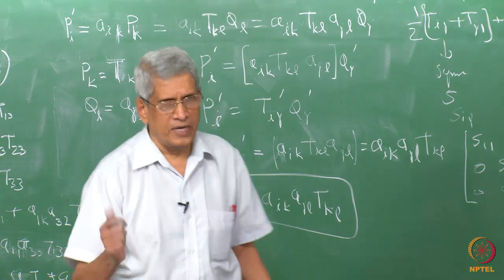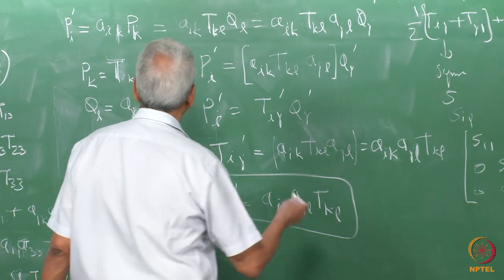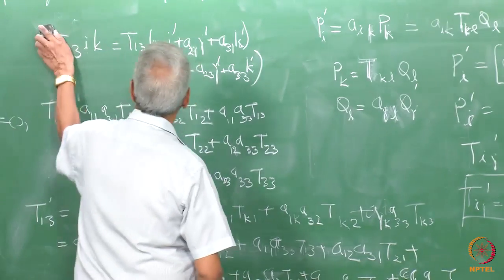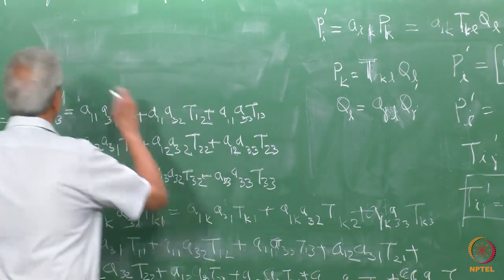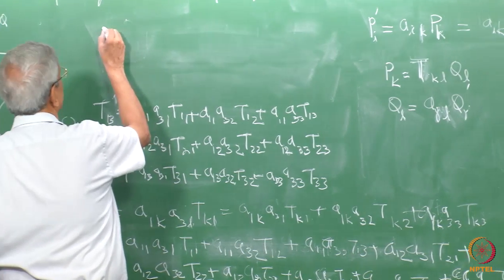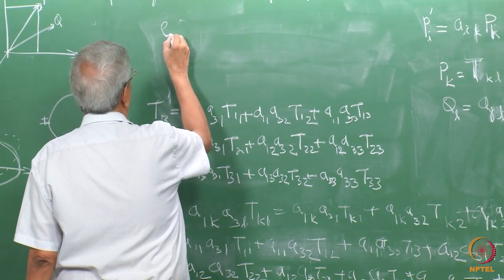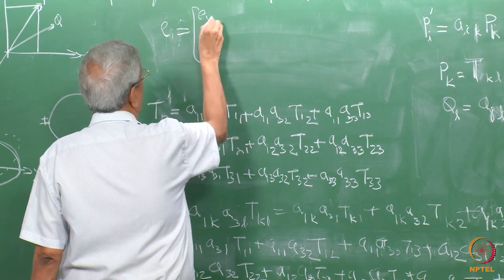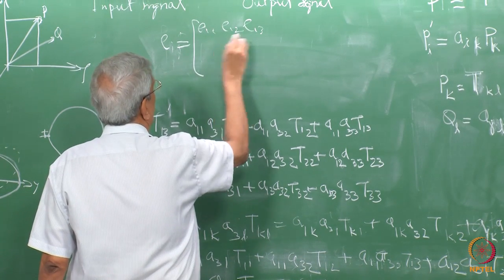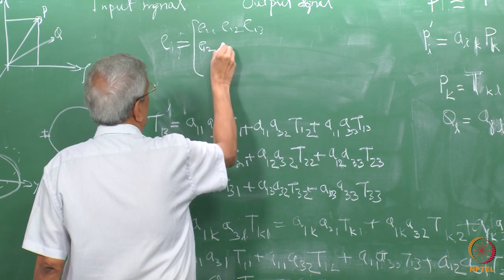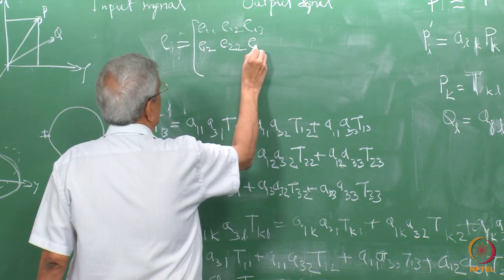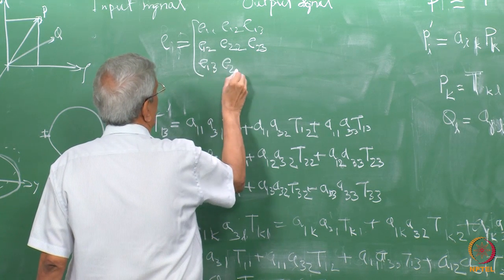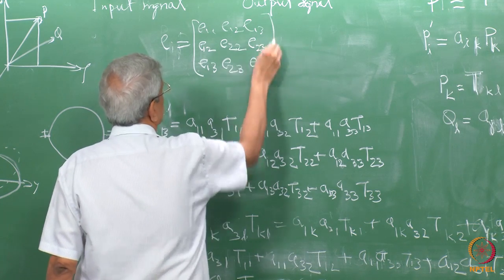Suppose we take strain as a matrix, and we represent it in terms of Eij, that strain can be written as this, with E23. This is a symmetric tensor.